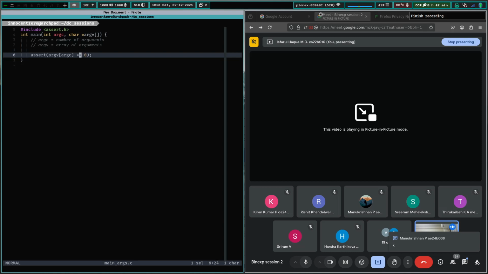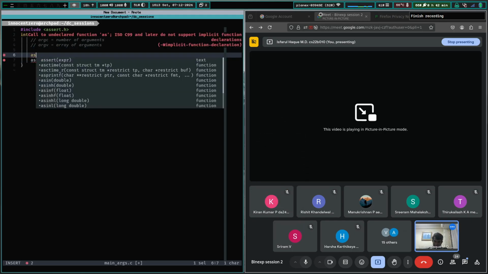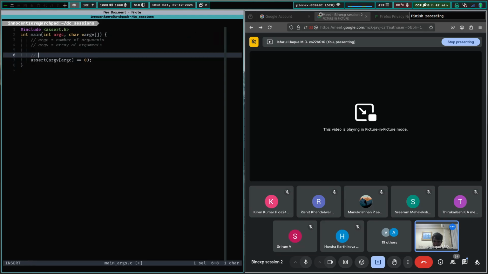What this means is the argv length, the total length of argv, is equal to argc plus 2, because it goes from 0 to argc. I'll come to what 0 stores.